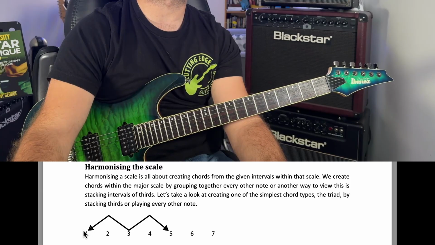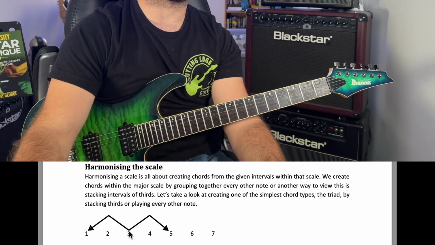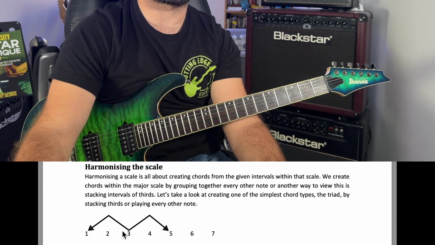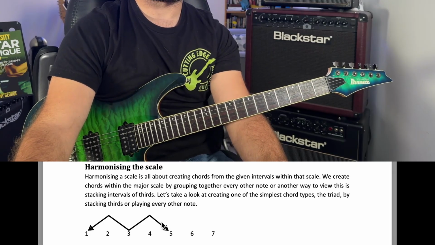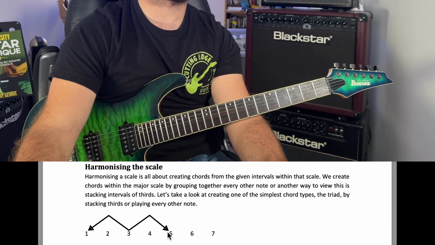What you do from your root note is you skip over the second degree and go to the third. Once you've got that note, you skip over the fourth and go to the fifth. So that's what we mean by stacking thirds. Go from root to the third, from the third to the fifth. So we'll extract those 3 notes from the major scale to create a chord.